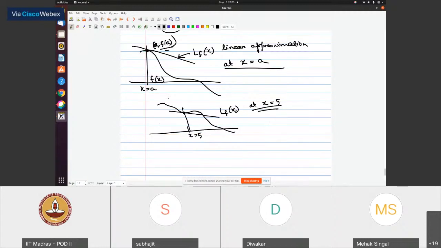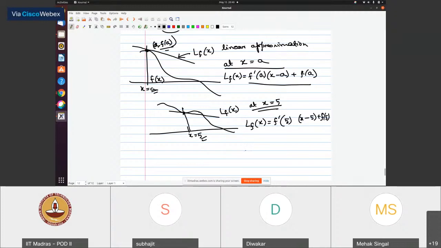At point x equal to a, the linear approximation is given as f dash a into x minus a plus f of a. This is the equation of tangent at that point. Similarly, at x equal to 5, this a is now 5. So this will give us f dash 5 into x minus 5 plus f 5.